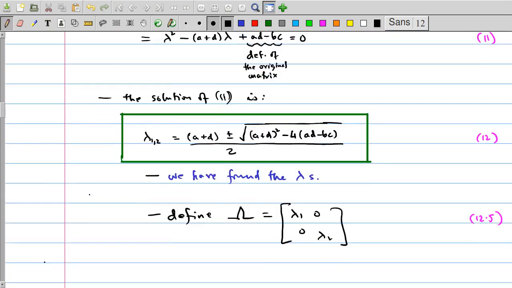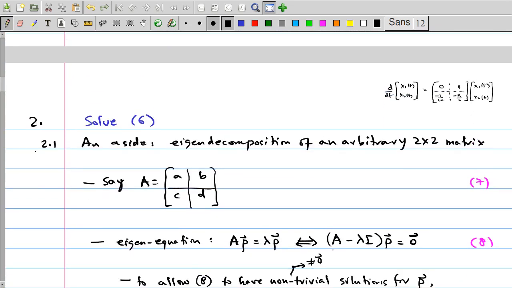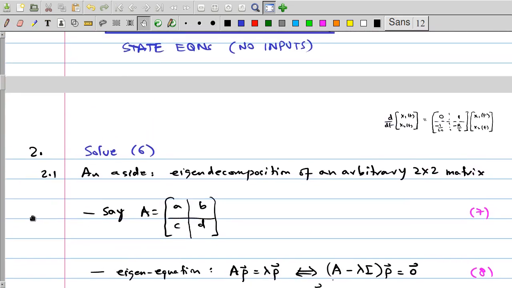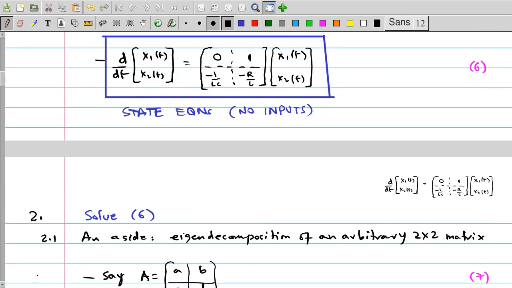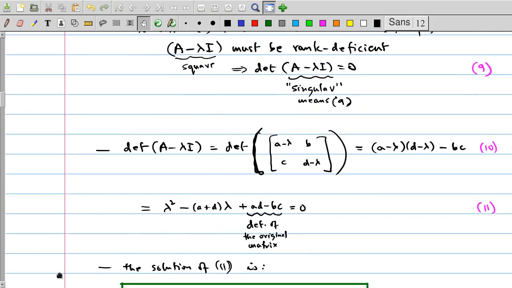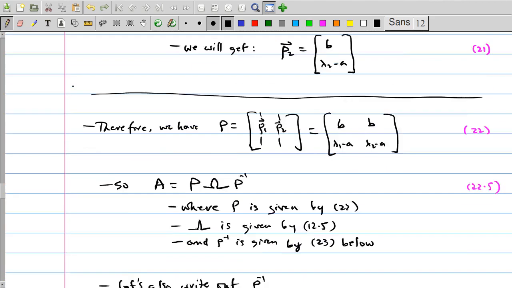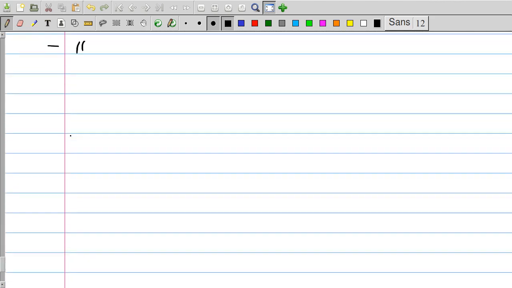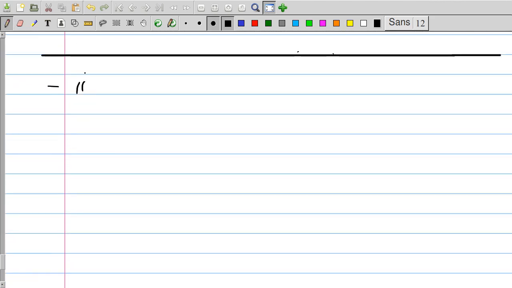What was number 2? That was the aside, 2.1. So now it's 2.2. We are going to solve 6, the state equation. Now we can return to solving 6. Now it gets a little bit easier.